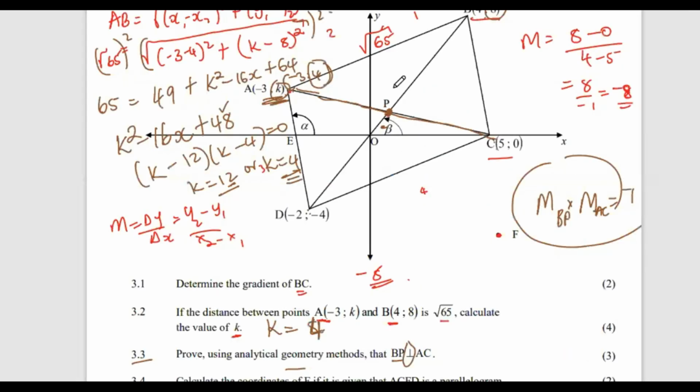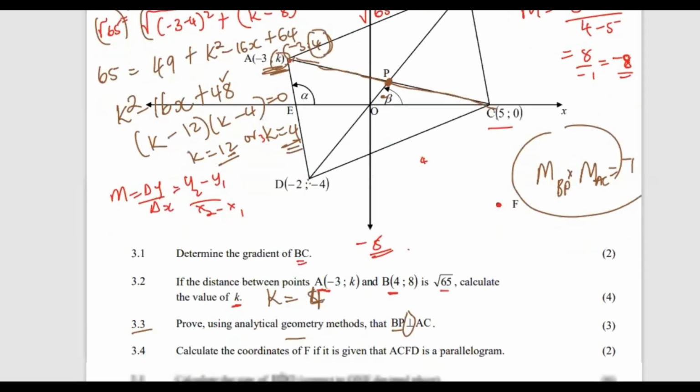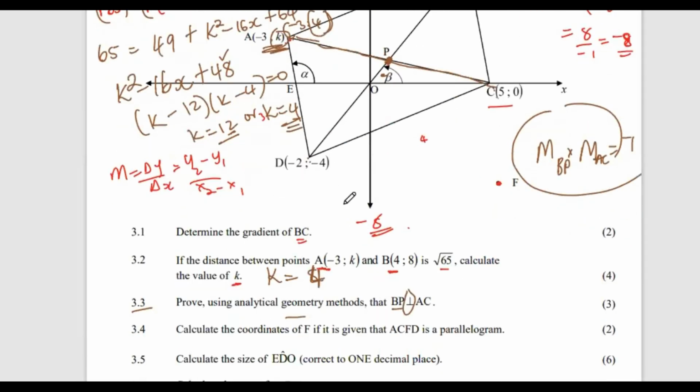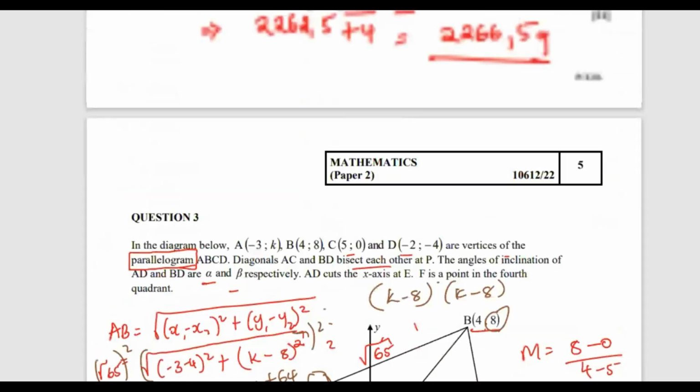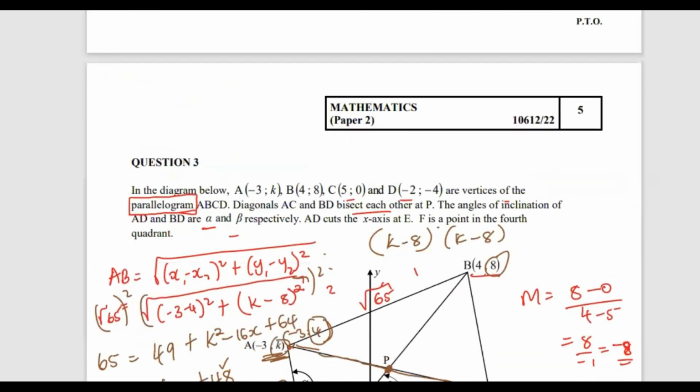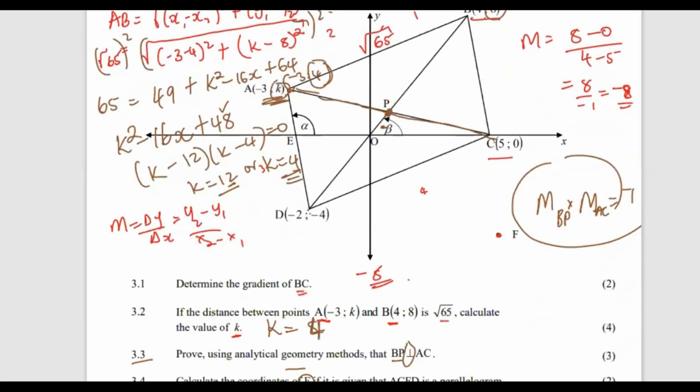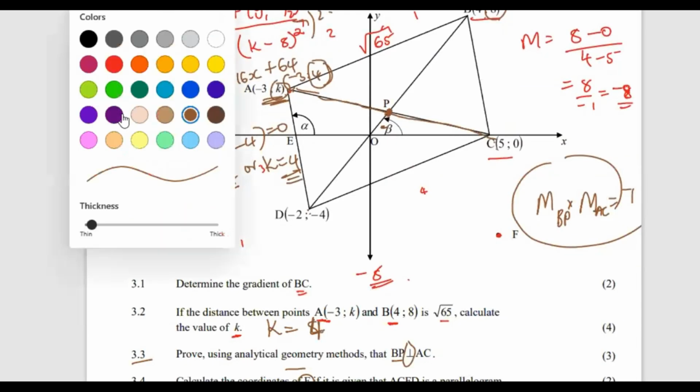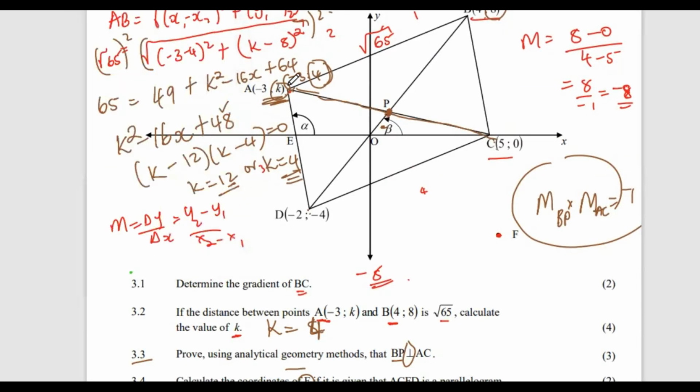All right, then calculate the coordinates of F. If it's given that AC, just use a different color. Okay, ACFD is a parallelogram.